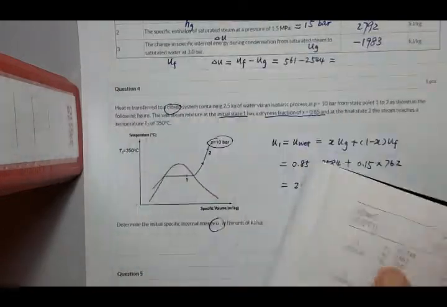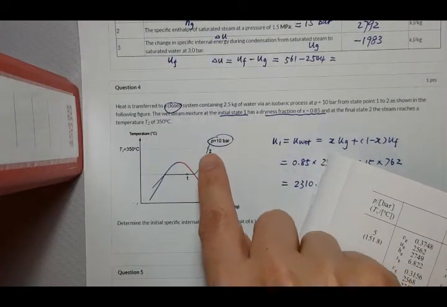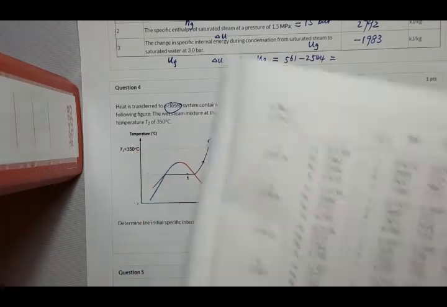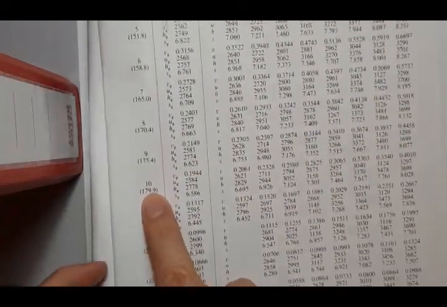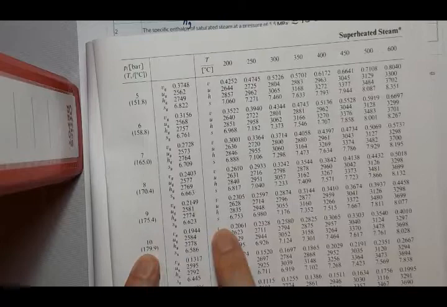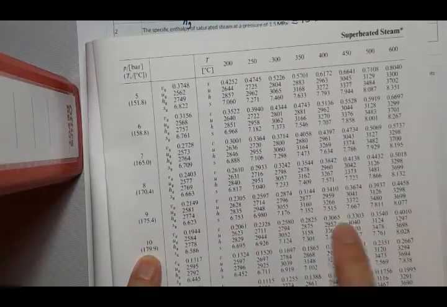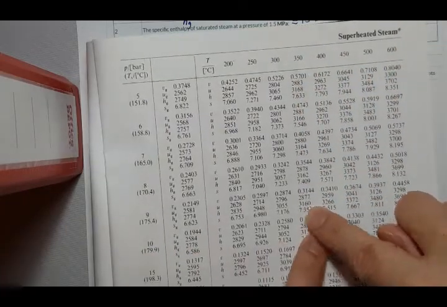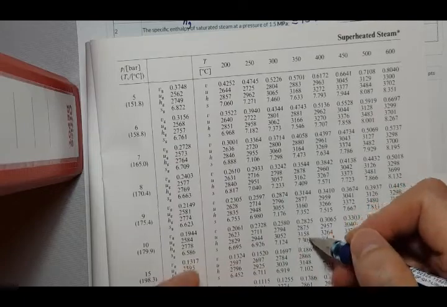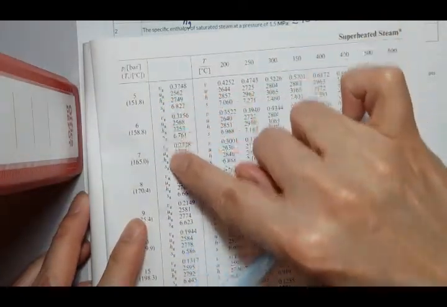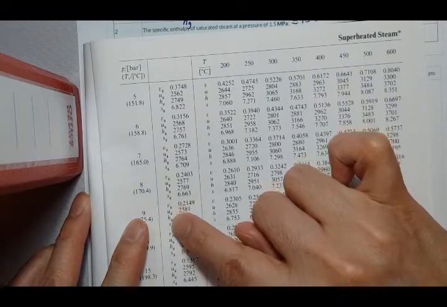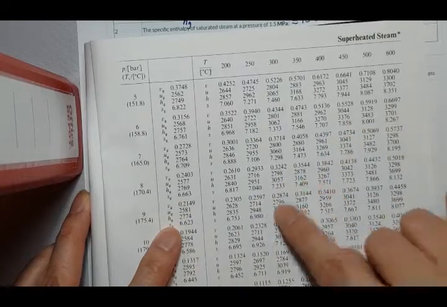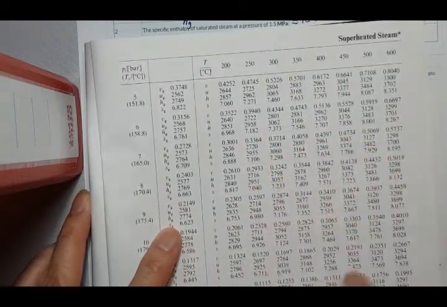Okay, so the pressure is still 10 bar, and for state 2 the temperature is 350. So we have all these at 10 bar, and we need to find the temperature as well, 350. So that's the column, and this is a group of data. We don't use these, because these are all with a subscript of G, which indicates saturated steam. These are superheated steam.